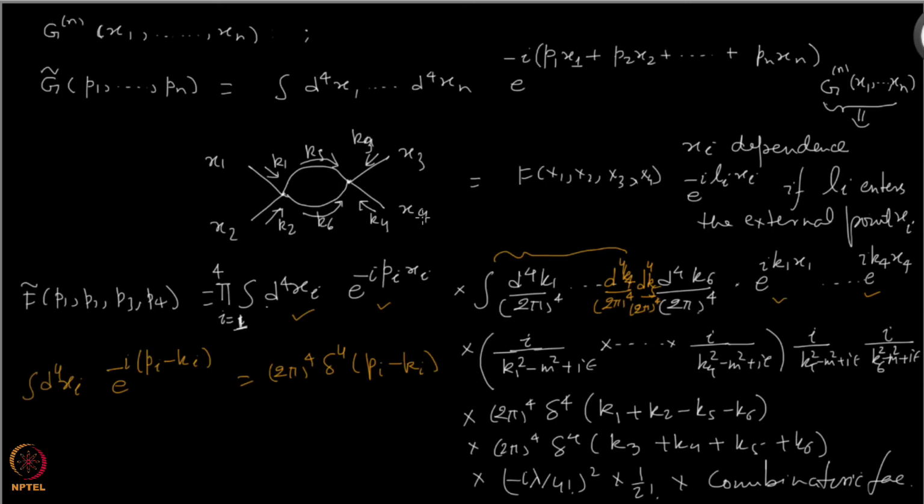Let's see what more. This integral I have done, this factor of (2π)^4 is taken care of because it cancels against this one. So now what I have is (2π)^4 times delta^4 of k3 plus k4 plus k5, and for k6 I should write k1 plus k2 minus k5.